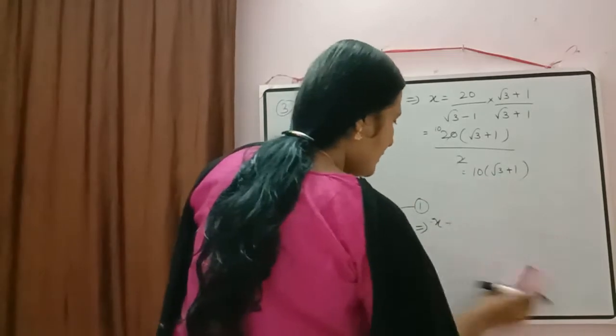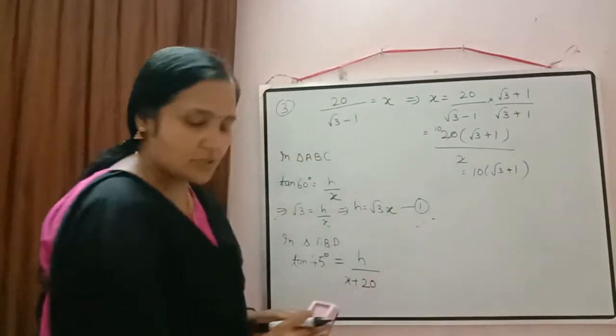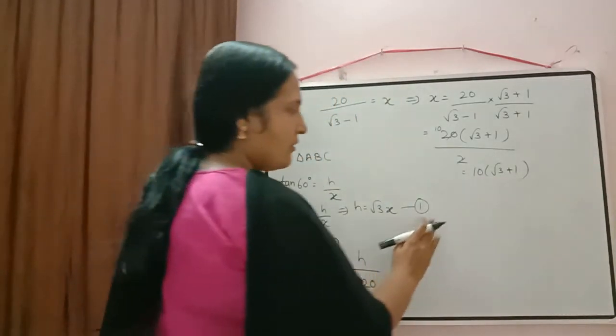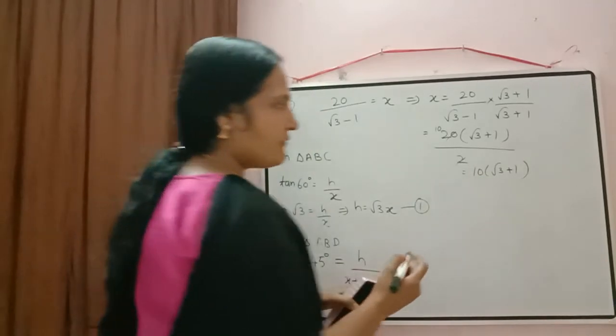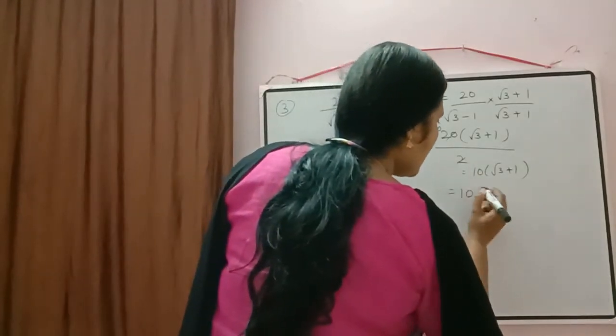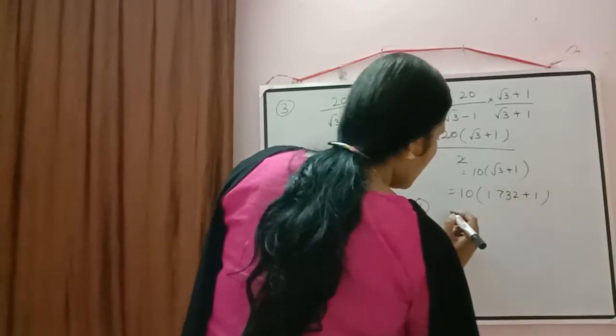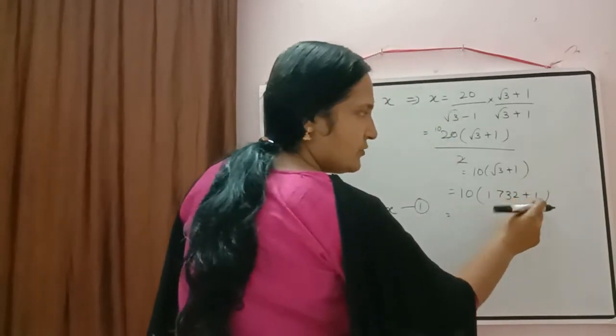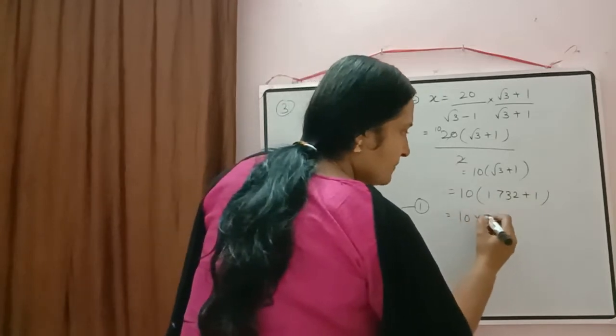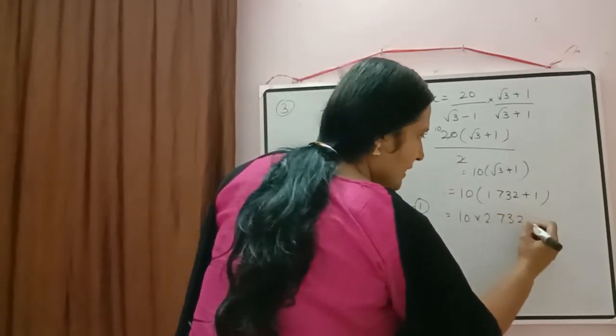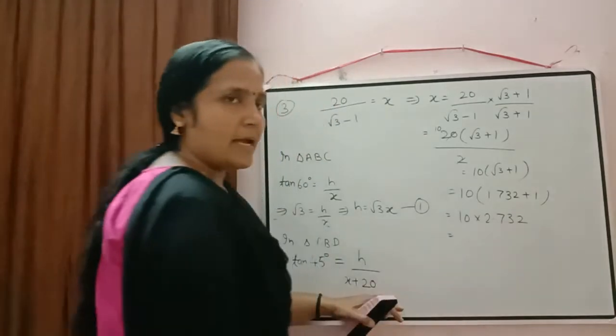Okay. Now since in the question it is given to substitute root 3 is equal to 1.732, we have to substitute there. Then it will come 10 into 1.732 plus 1. So 1.732 plus 1 will be equal to 2.732, and that we will multiply by 10.